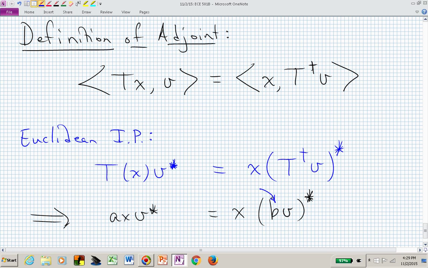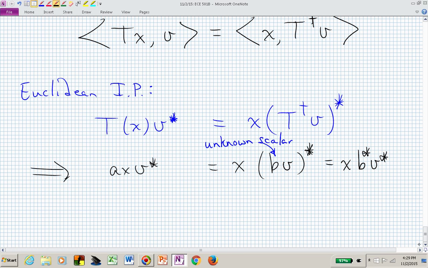So this is, for now, some unknown scalar. That's the B. But this is now for scalars, if we conjugate, that's B star V star. And since those are all scalars, they commute, and now we can say that we have B star times X V star.